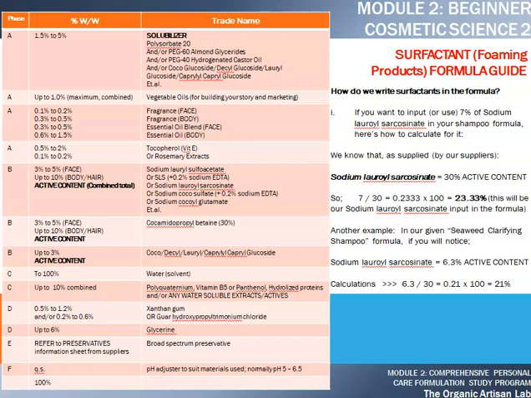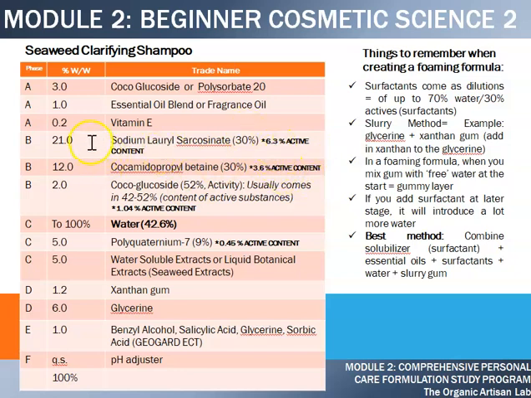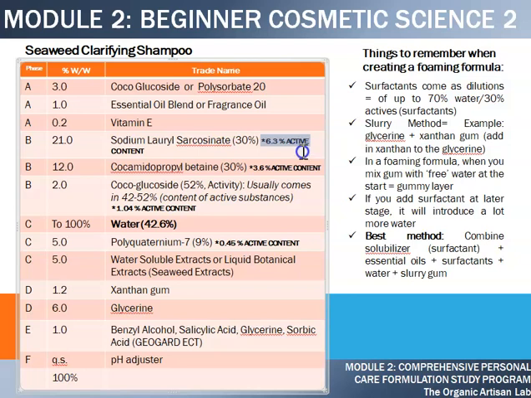Just like here, we've got 6.3% active content of sodium lauryl sarcosinate, 30%. I know there's a lot of math calculations, but I'll guide you through it as we continue.